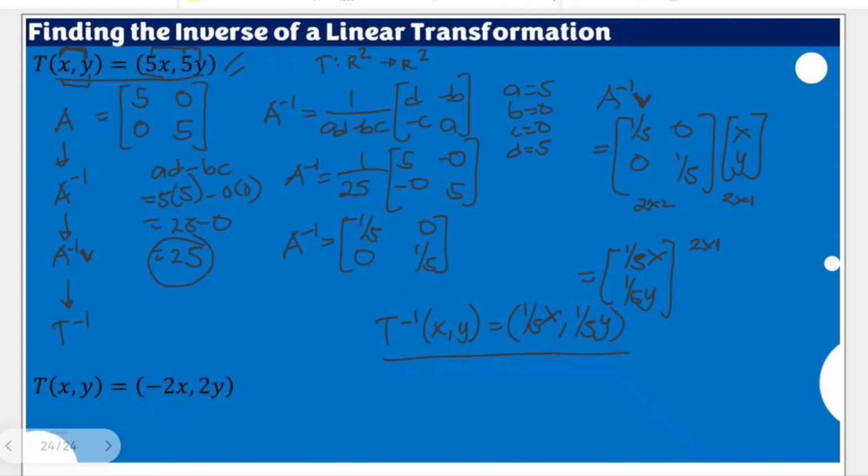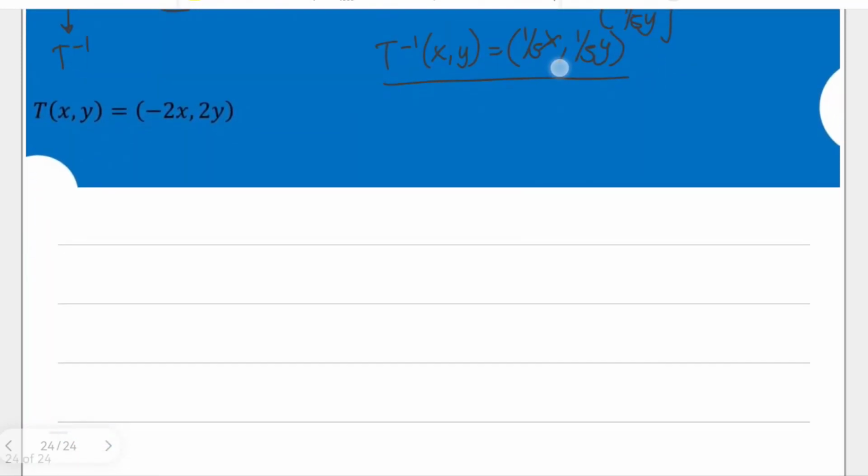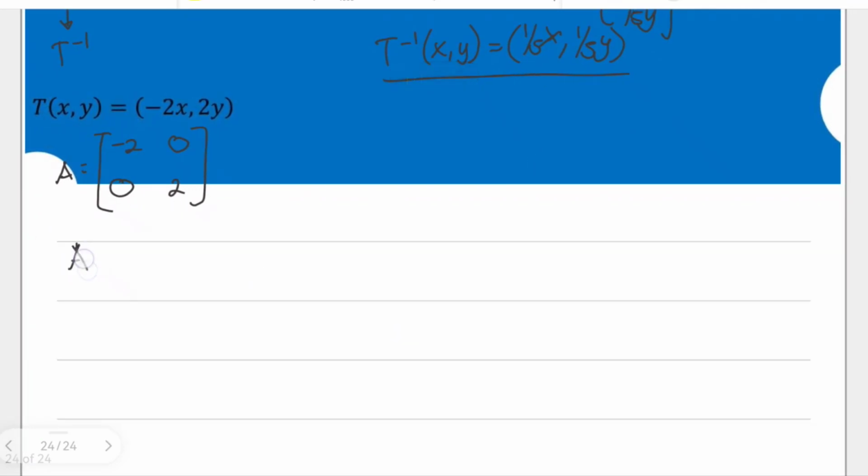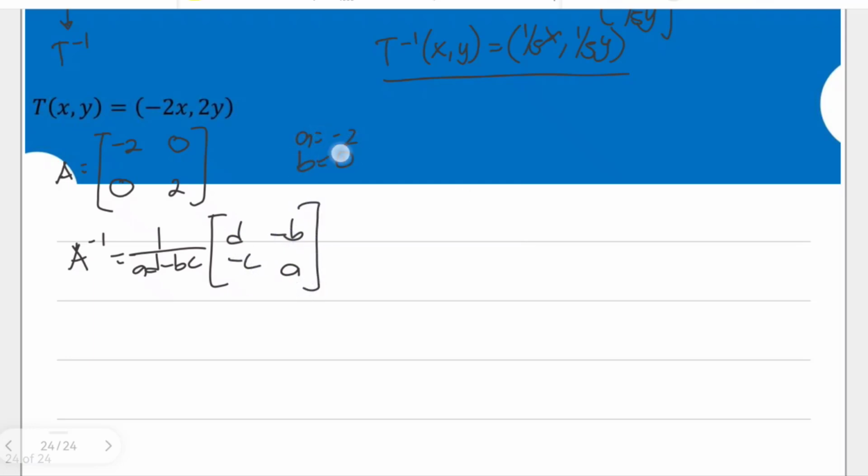Let's duplicate the process for the second. Again, let's solve for the standard matrix for this. So negative 2x and then 0y, 0 and then 2y. Let's find out if the inverse is possible. You will have 1 over AD minus BC times D, negative B, negative C, and A. So our A is negative 2, B is 0, C is 0, D is 2.